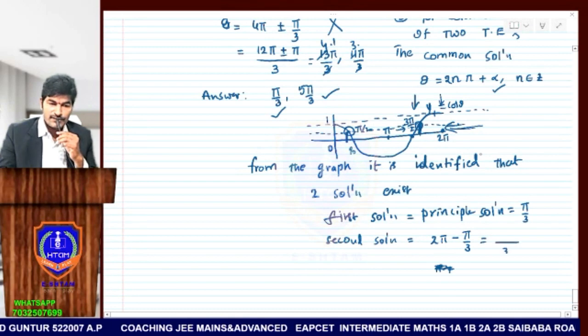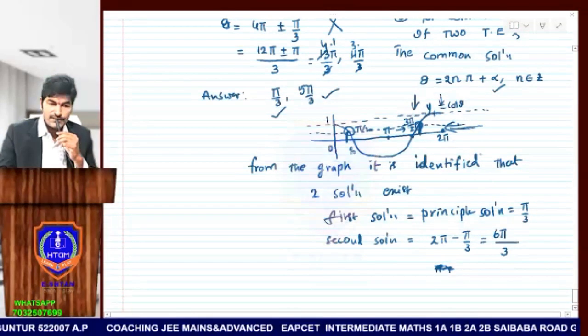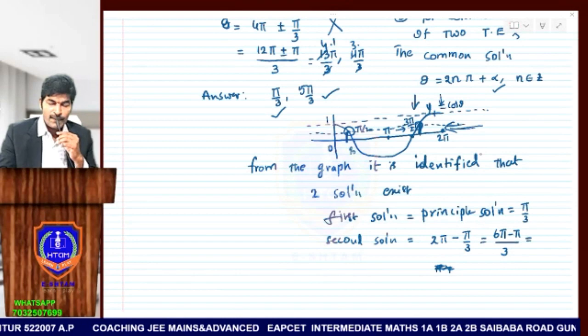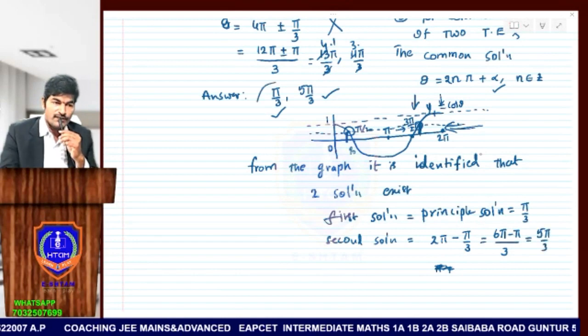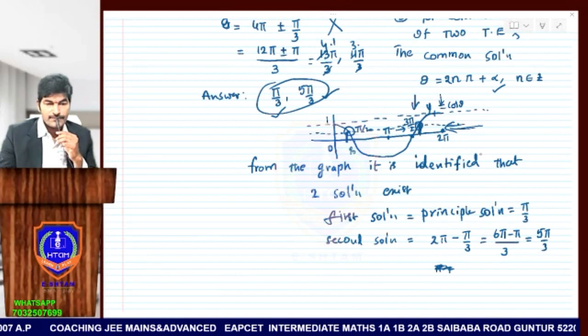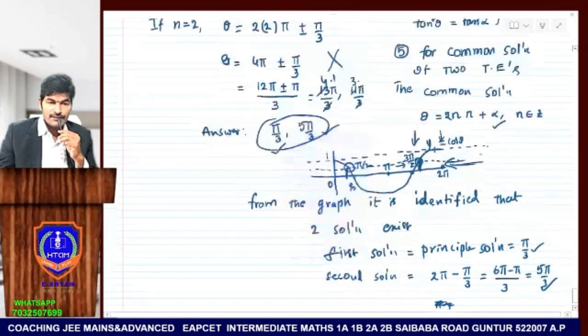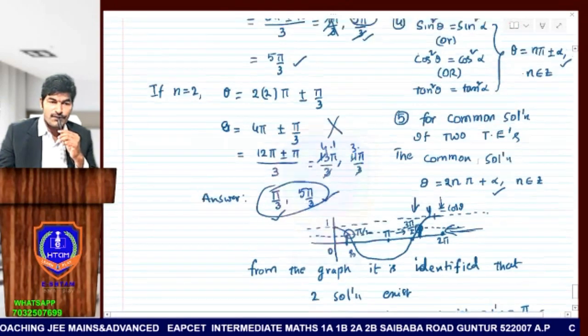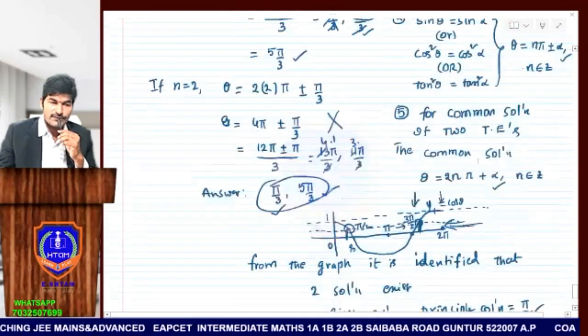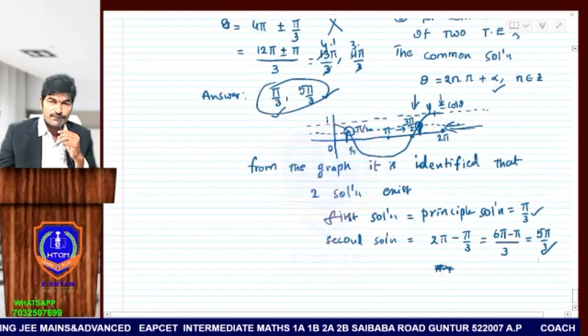LCM is 3. 6 pi minus pi, that will be 5 pi by 3. The same value you will get from the formula. These are the solutions. In this way, you can identify the answers. In the same way, we solve every equation.